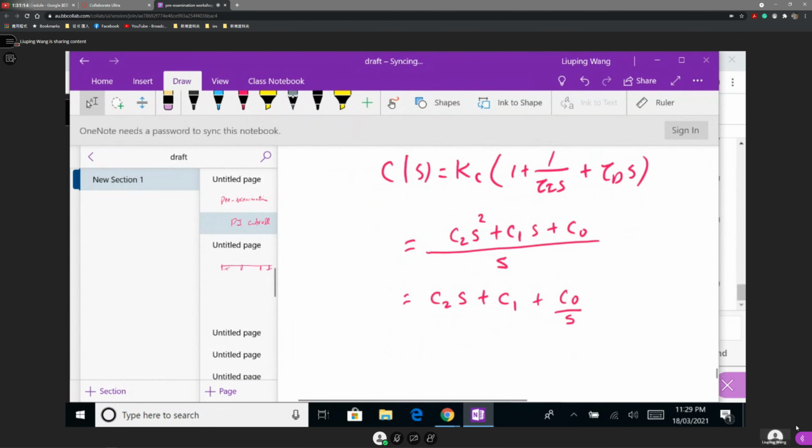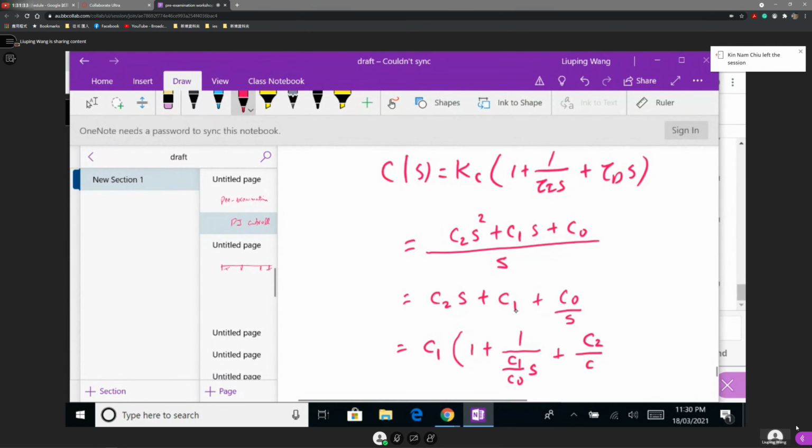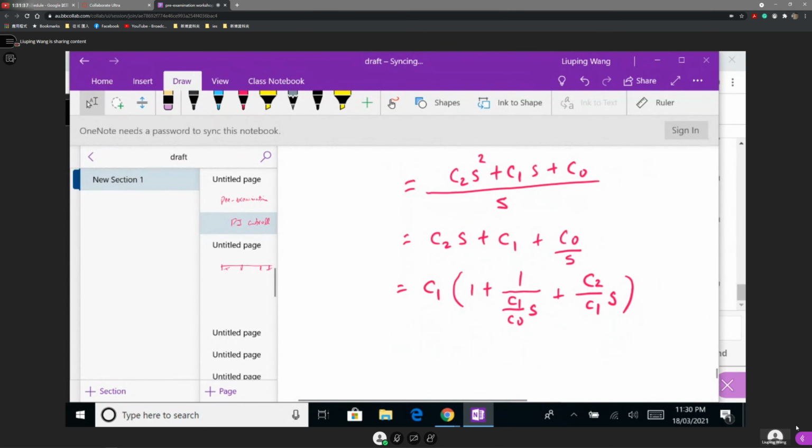So this is basically I can get it as C1, right? Take it out, and then 1 plus. So this guy then becomes 1 over C1, C0 of S, then plus C2, C1, and S, right? So if I write like this, then I can get it as a Kc.